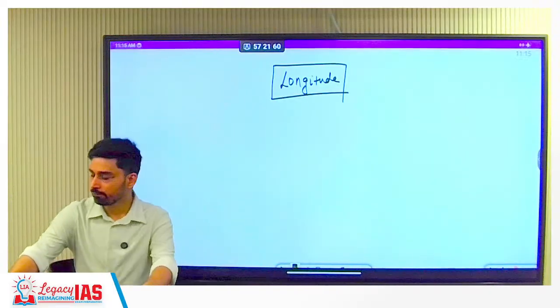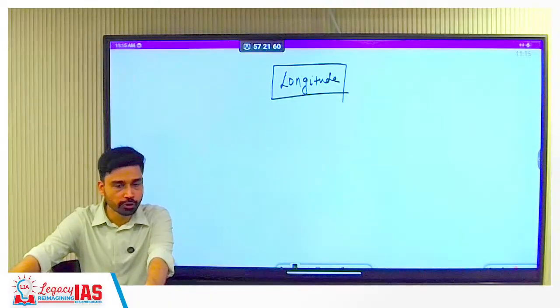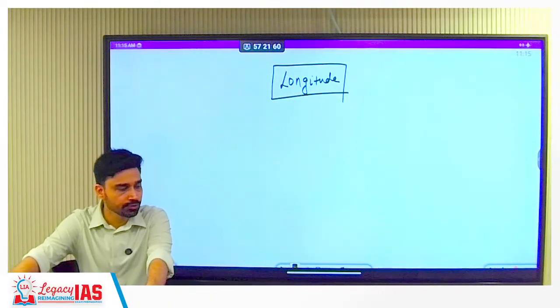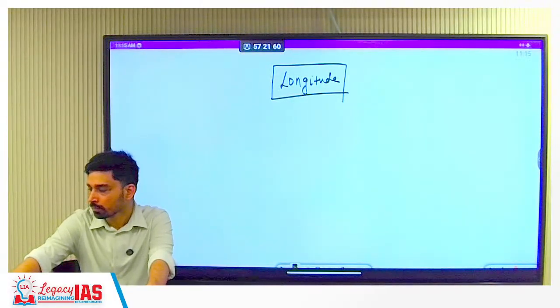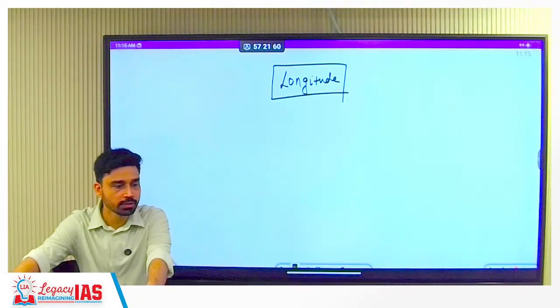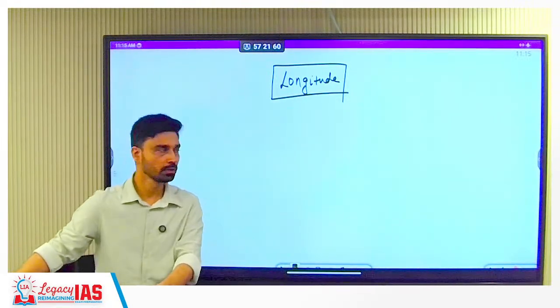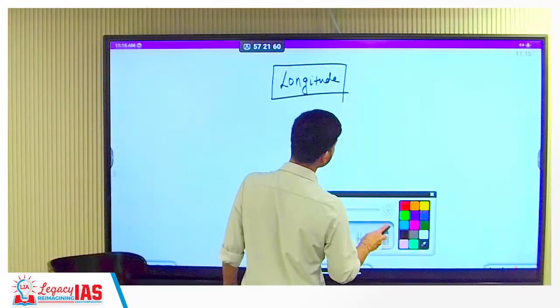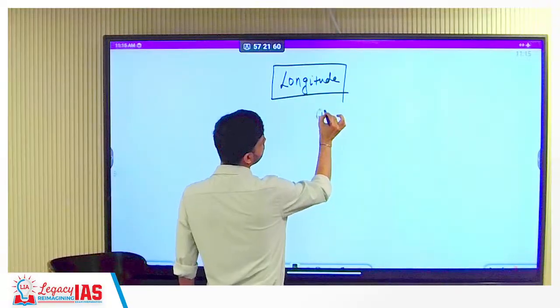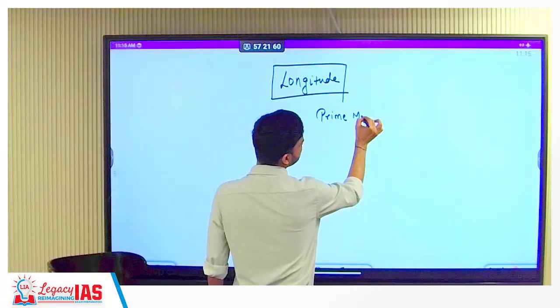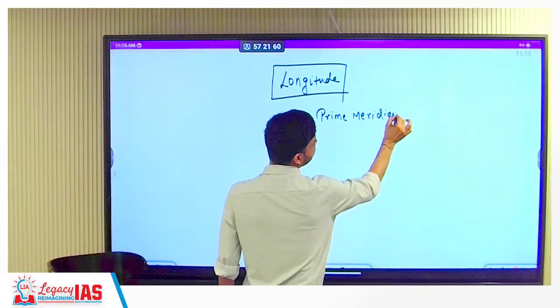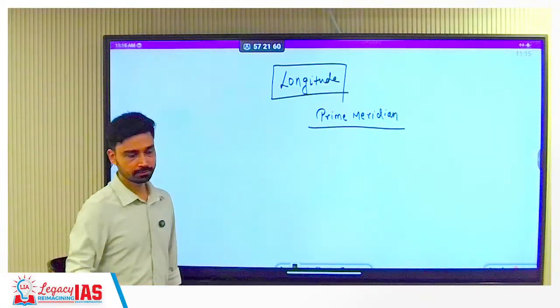Definition of longitude: it is referred to as the angular distance of a place on the earth measured from the prime meridian.